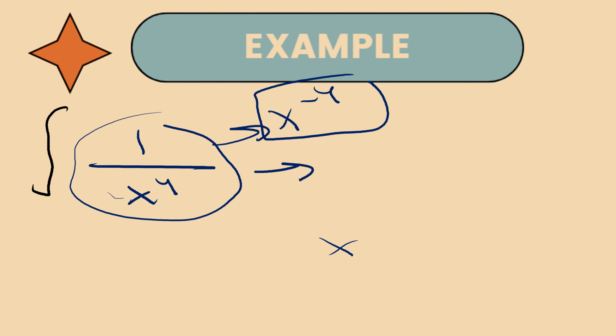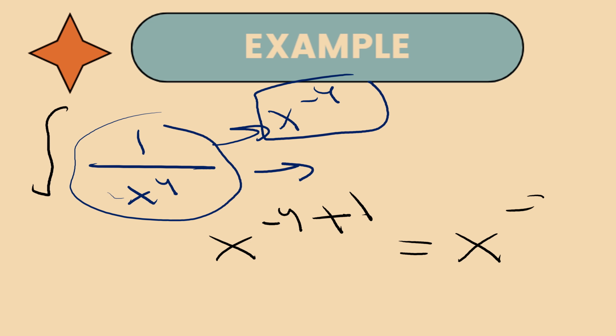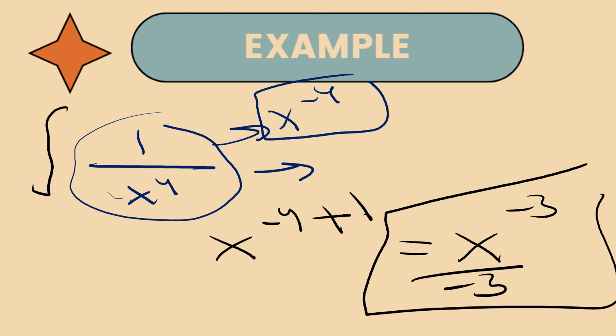It's the same as x to the power of 3 in the denominator giving x to the power of negative 3. Those are exactly the same, so I can't integrate it in this form. I can rewrite it as x to the negative 4. I add 1 to the power, which gives x to the negative 3, and then I divide by negative 3. This is the answer.